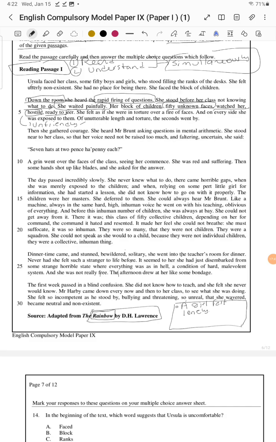Hostile, ready to jeer. So what can I say about the word jeer over here? In English, the word jeer means to mock, or you can say the ragging of a student.